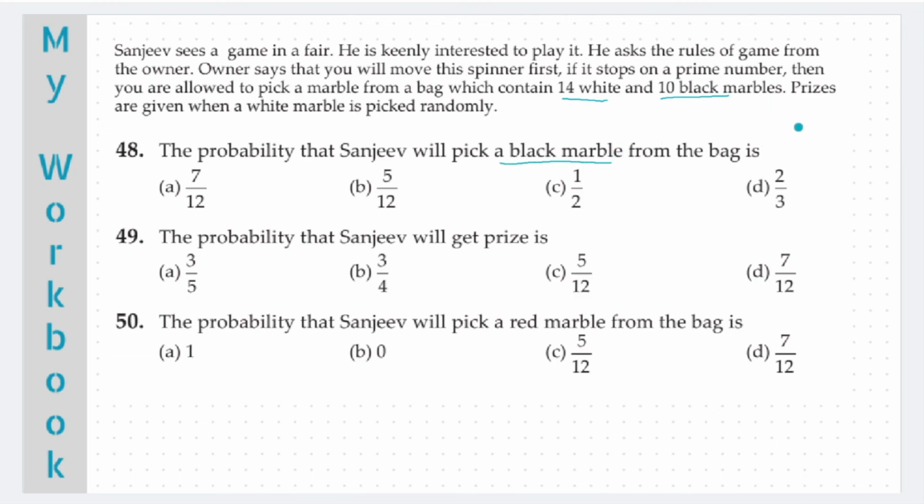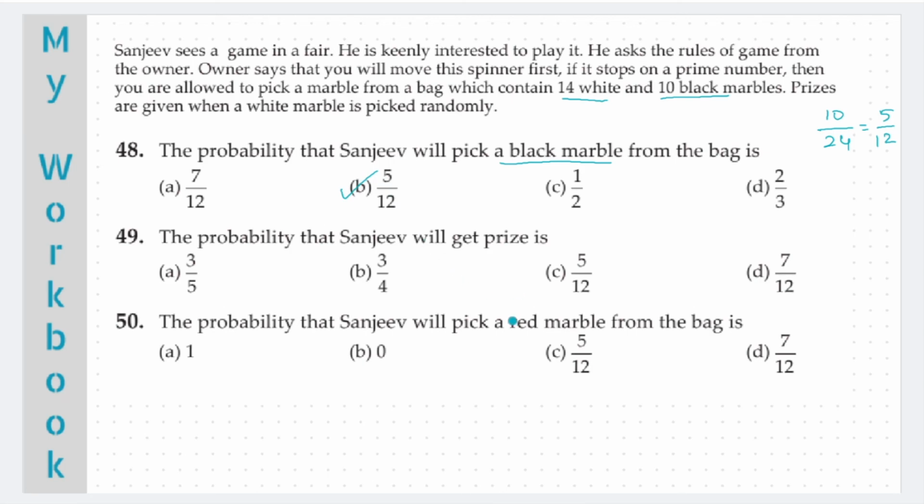So the number of favorable events is the number of black marbles, which is 10, and you have to divide it by the total number of outcomes, which is 14 plus 10. Total number of marbles is 24, which will be simplified as 5 by 12. 48, option B, 5 by 12.